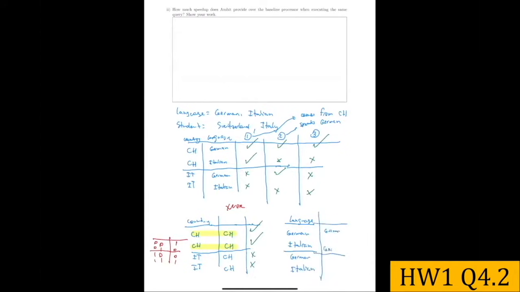It's a query German, German, German, German. And you want this line, you want this line, you don't want this line, you don't want this line. And if you look here, these two are equal to each other. These two are equal to each other, right? So the same operation works, XNOR.